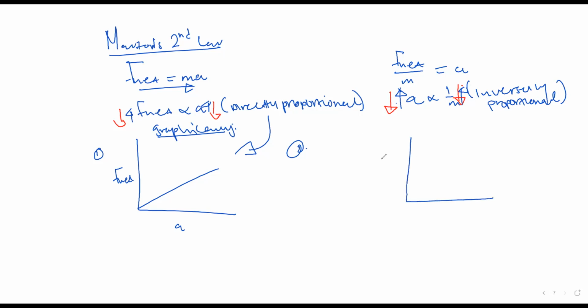Then graphically it would be a against 1 over m, a straight line, or it can be F net against m, being like that. So that will be the whole relationship of this formula.